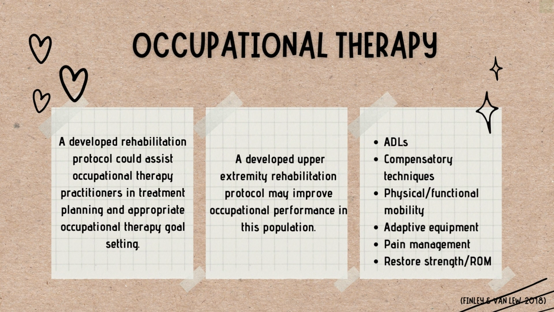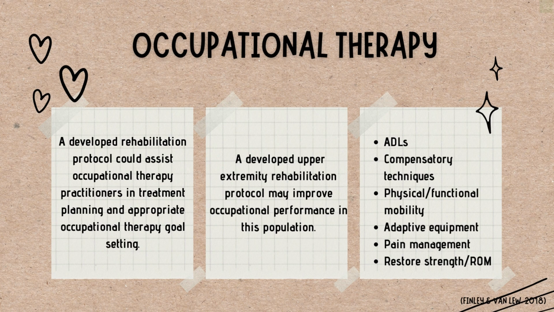So, what is OT's relationship in the ORIF process? Well, according to research, OTs can assist with upper extremity rehabilitation. We can assist with ADLs, compensatory techniques, physical and functional mobility, pain management, and the restoration of strength and motion.